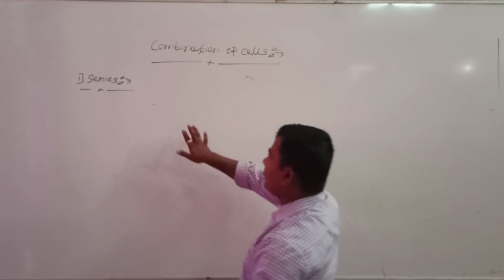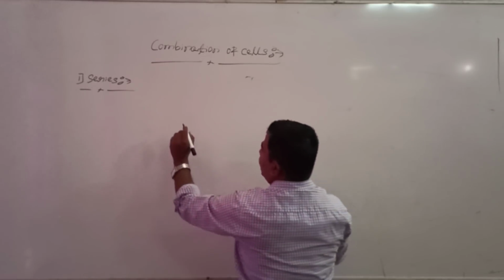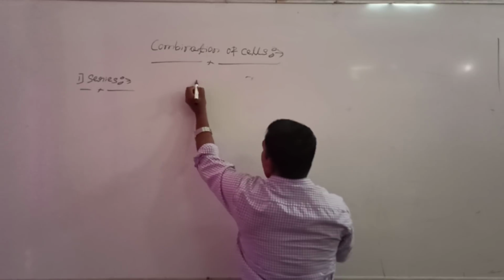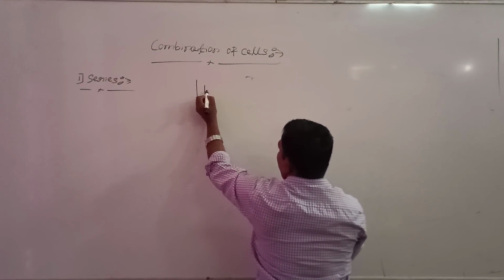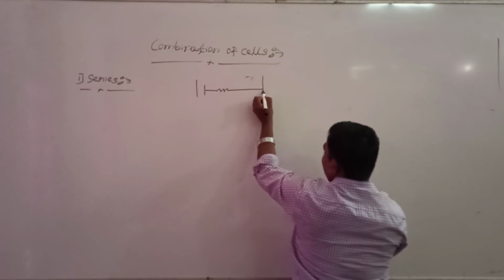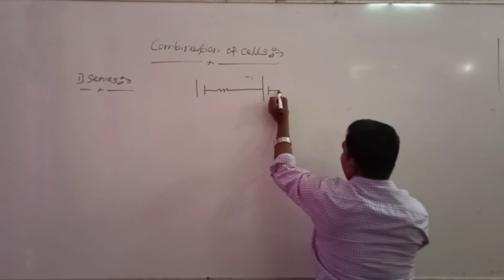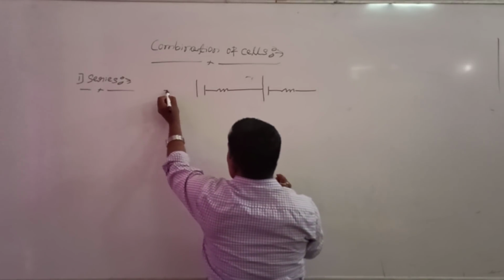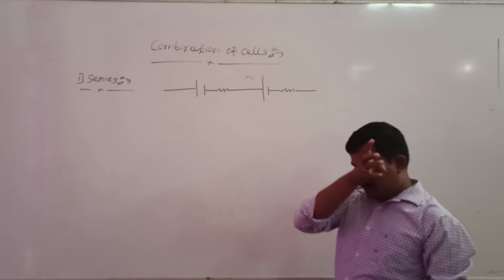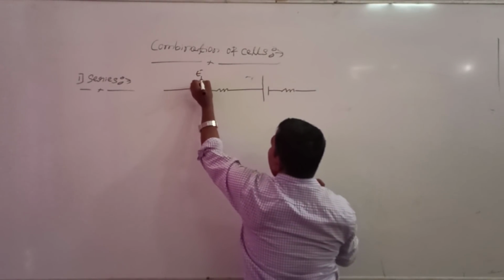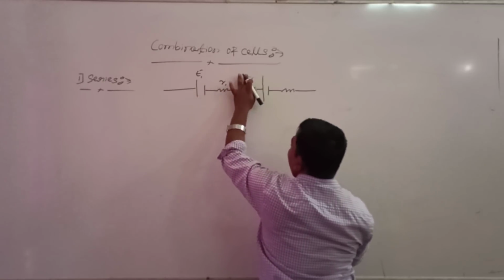Look at this one. Again, we will take the series combination. I will take a cell again. This is one cell, with positive terminal and negative terminal, and this is the internal resistance. Again, it is one more cell, with its negative terminal and internal resistance. Now, students, this cell has EMF E1 and internal resistance R1.